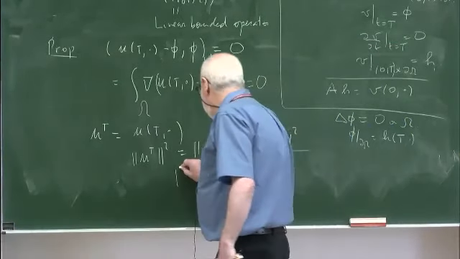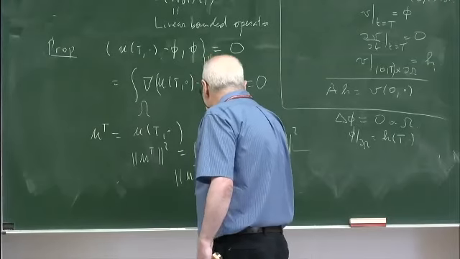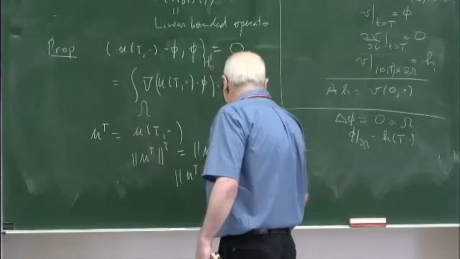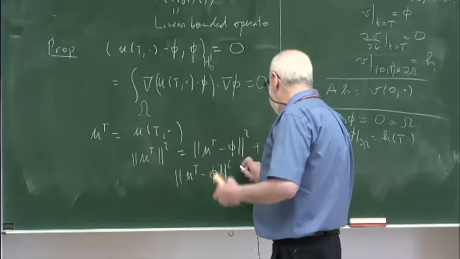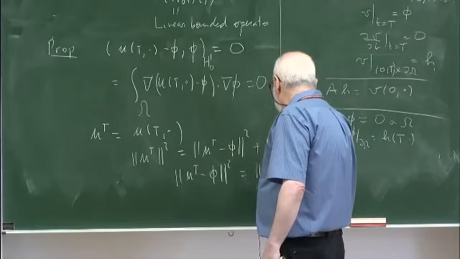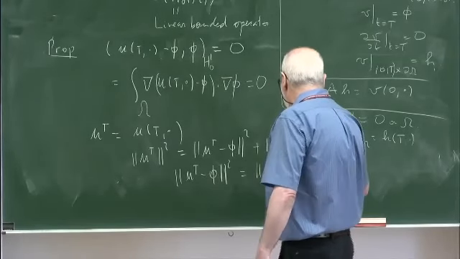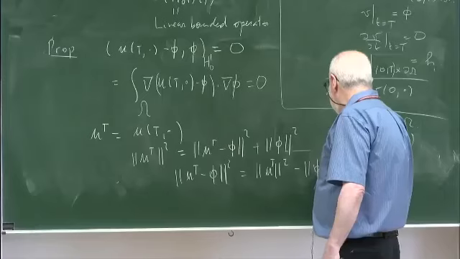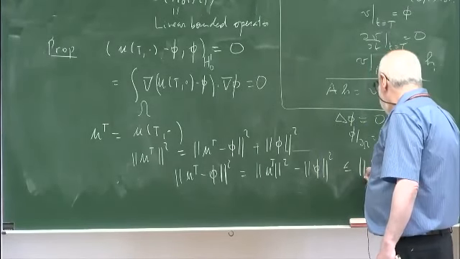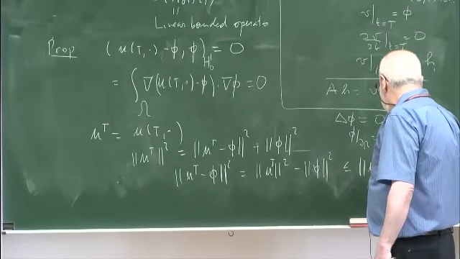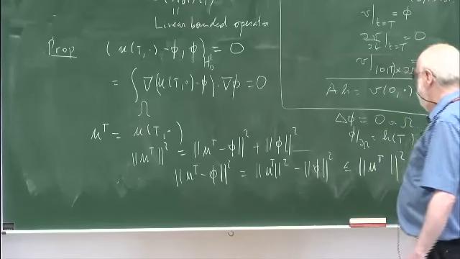So norm of ut minus phi squared is equal to norm of ut squared minus the norm of phi squared, and this is less or equal than the norm of ut squared. So this is positive.